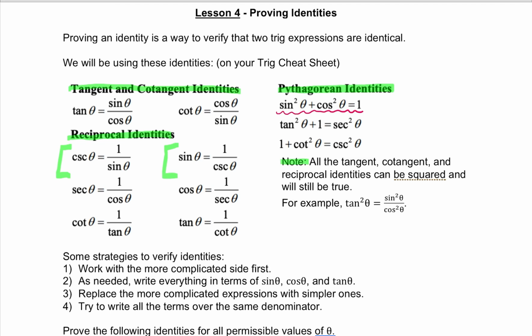However, this does not apply for the Pythagorean identities. Just because sine squared plus cos squared equals 1, that does not mean that sine theta plus cos theta equals 1. This is not true. So please make sure that while you can square tangent, cotangent, and reciprocal identities, and they are still true, this does not apply to the Pythagorean identities.